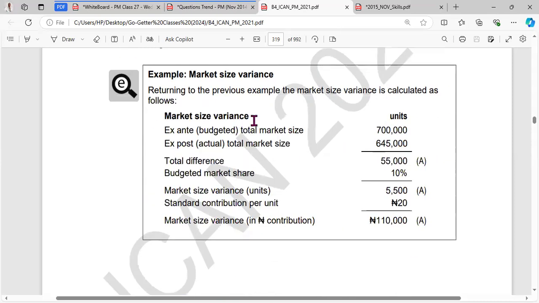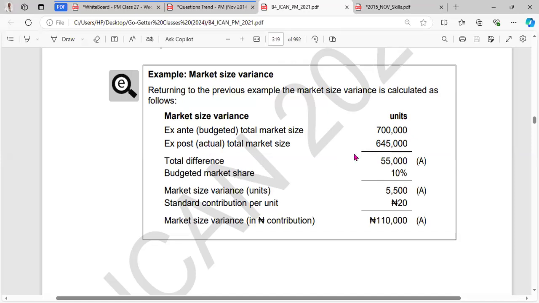Market size ex ante means the original budget. They budgeted that it is going to be 700,000. The ex post, which is the revised or the actual, means they now have 645. Look at the budgeted, look at the actual. Normally, the actual should go up, but it is projected to go down.